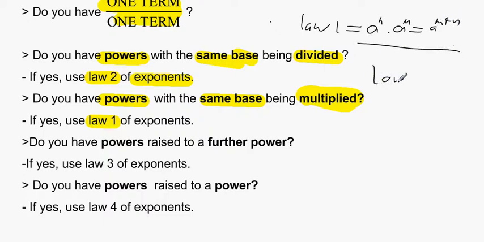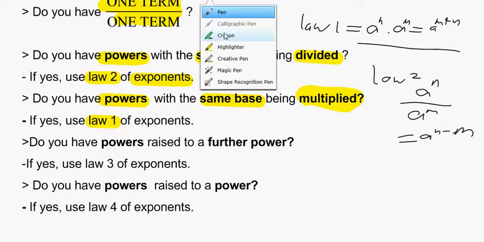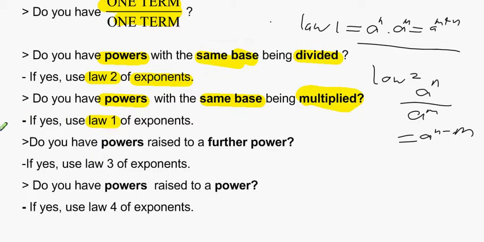Law 2 says if we have powers and they are being divided, we then subtract the exponents. That should be n minus m. Okay, let's get back on track.